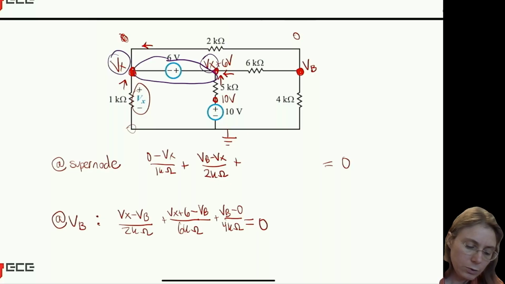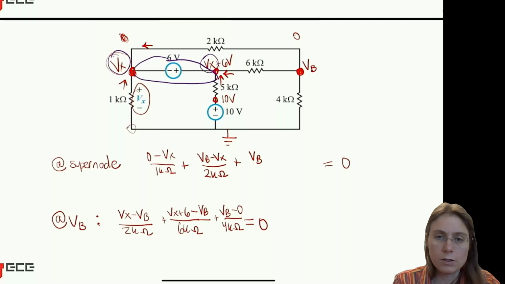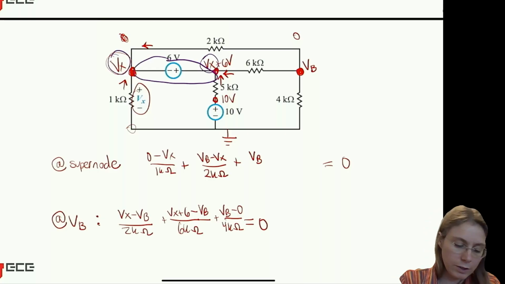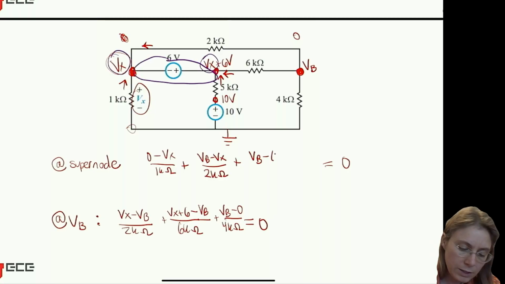And then we're going to do this current right here, so we get VB. And notice I used the nodal voltage that was over there, and in this side, in the supernode, I still am going to use the separate nodal voltage within the supernode, depending on where the current's flowing in. So this one's going to be VB minus Vx plus 6. And don't forget that that negative is going to be distributed to both.